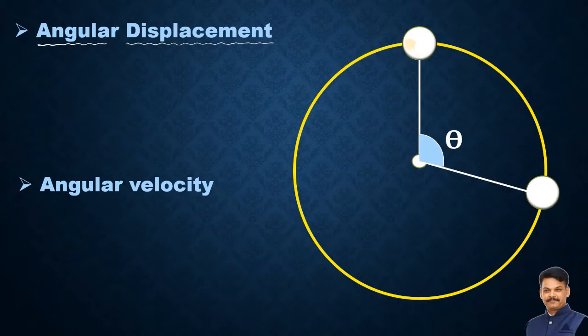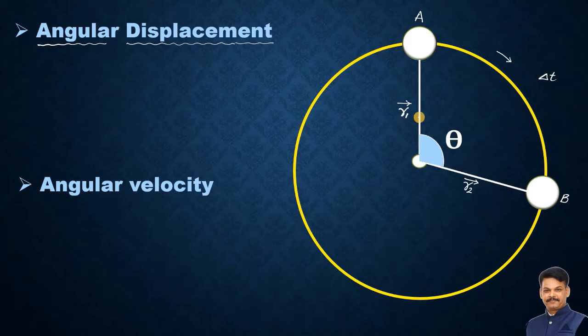Suppose one object is moving in the circular path, and at one instant of time t its position is at A. After a time difference of say delta t, if the position of the object is at point B, then the angle which is present between the two radius vectors, suppose I call the first radius vector R1 and the second radius vector R2, and of course R1 and R2 will be equal in magnitude, but their direction will be different.